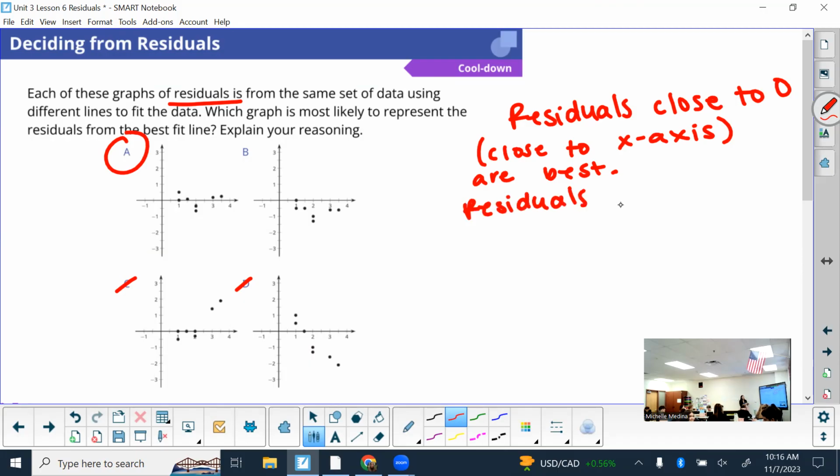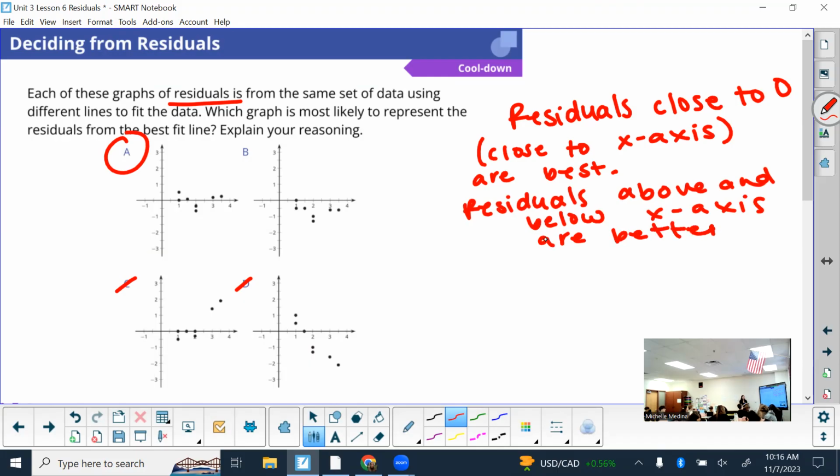Residuals above and below the x-axis are better. I wouldn't say best, because really best would be if they were all touching the x-axis and none of them were above or below. But you need to have some above and some below, because that would mean that your line of best fit is going through the middle.